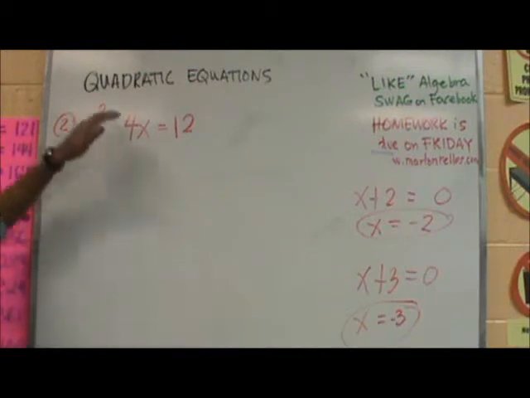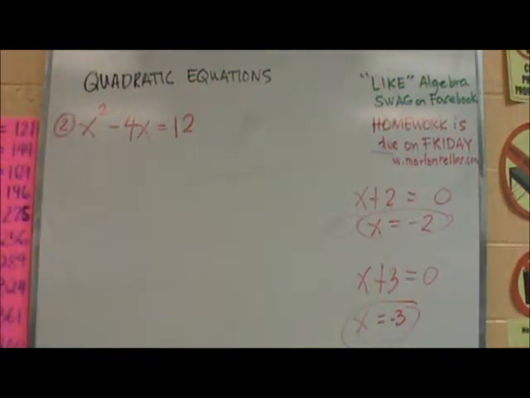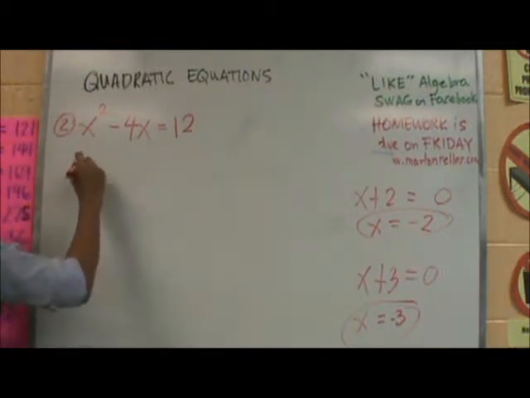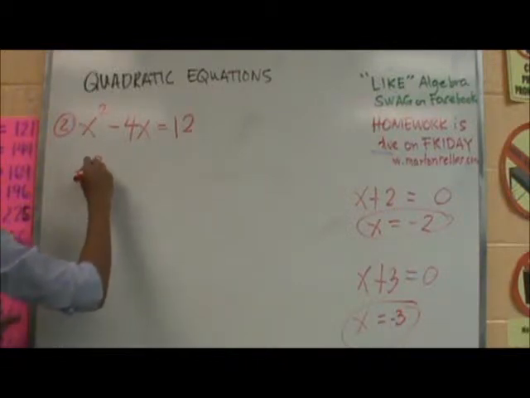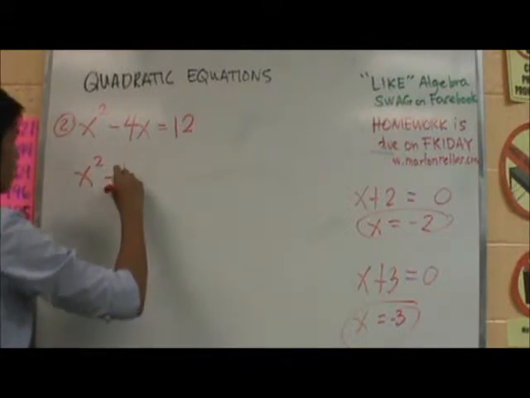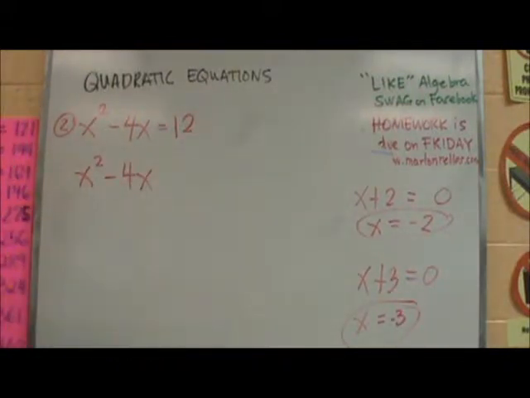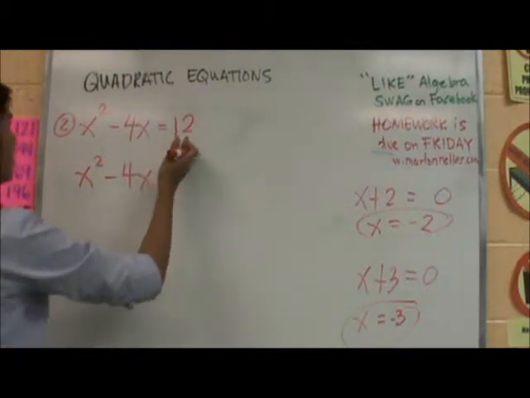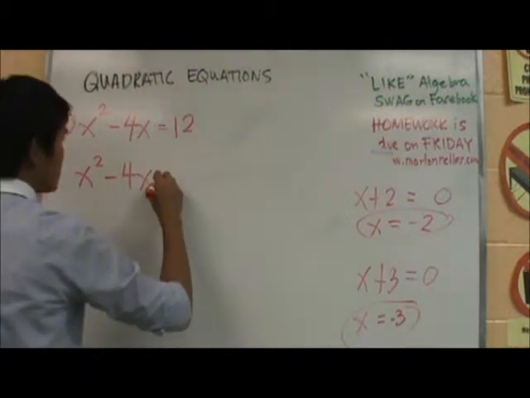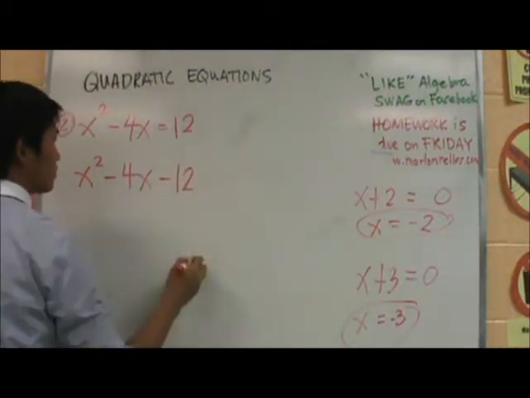Now, to solve this equation, we have to make sure that our equation is in standard form, which means we need the leading term to have the highest exponent, which is going to be the x squared, and then the second term is going to be the term with the x, and then the 12, we have to make sure it's on the left side of the equal sign, and that's going to give us negative 12.